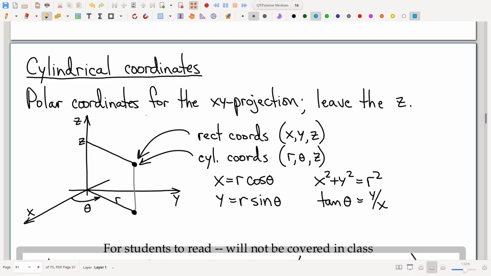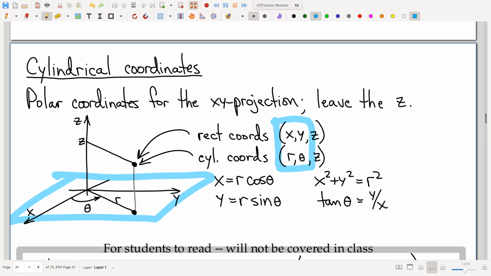That said, most of the heavy lifting of what's actually happening here is rewriting the x and y in terms of r and theta in the usual way. I mean, theta is still that same angle. R is still, air quotes, how far you go in that direction. And still the same conversion formulas. Oh my gosh, it's so similar.